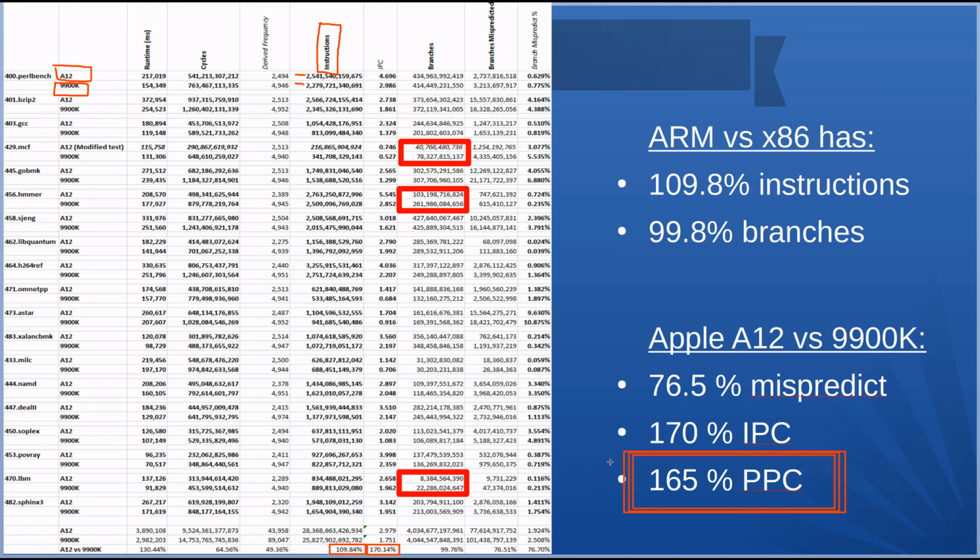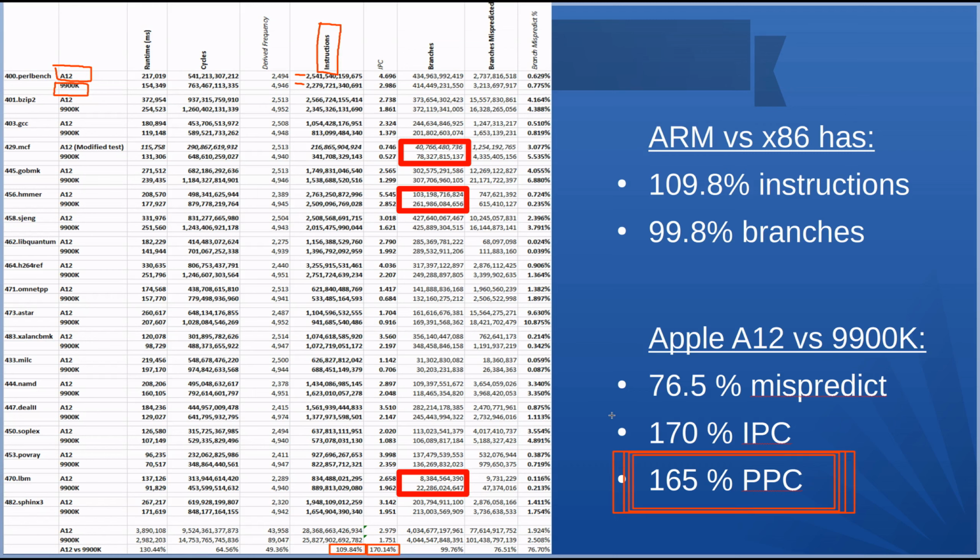So yeah, when somebody talks about IPC and measures only the performance divided by gigahertz, which should be called PPC, most people call it IPC anyway.